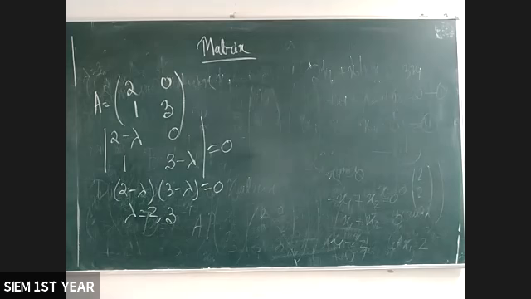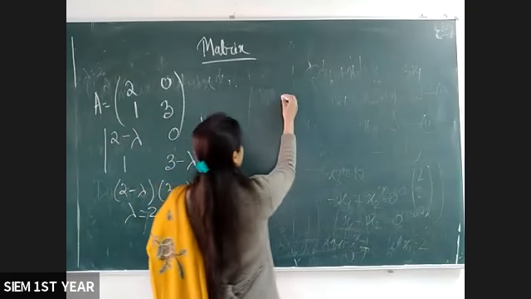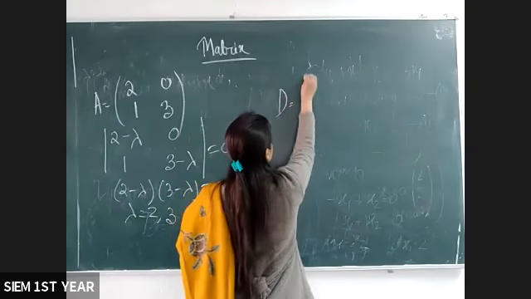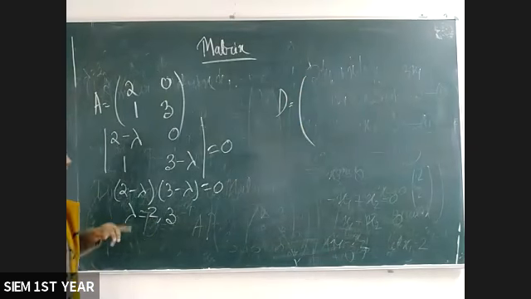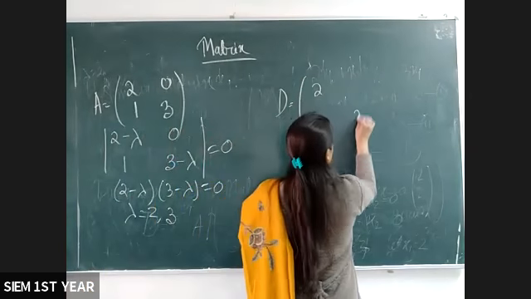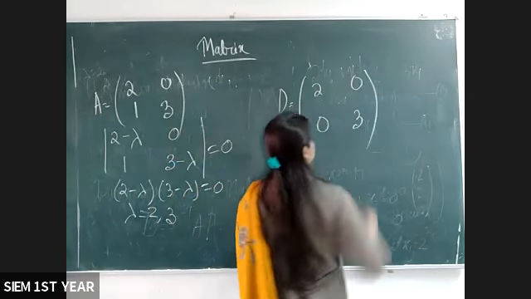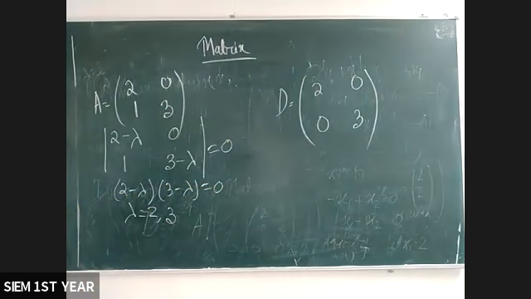Since these lambdas are distinct, you get two distinct results, so this is diagonalizable. You only need to put these values of lambda in the diagonal elements, with the other elements 0.